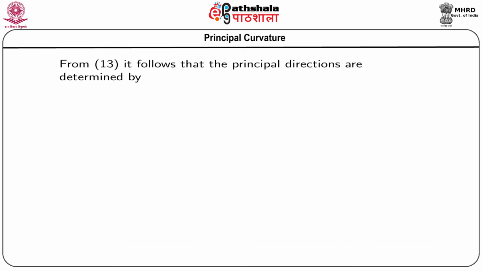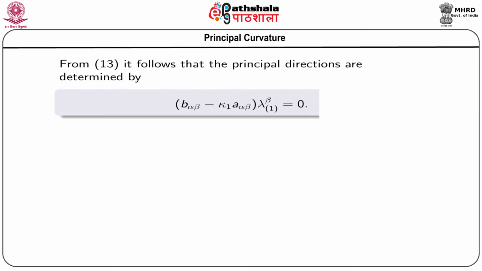Now, from the previous equation, it follows that the principal directions are determined by this equation: b alpha beta minus kappa 1 a alpha beta lambda 1 beta equals to 0.